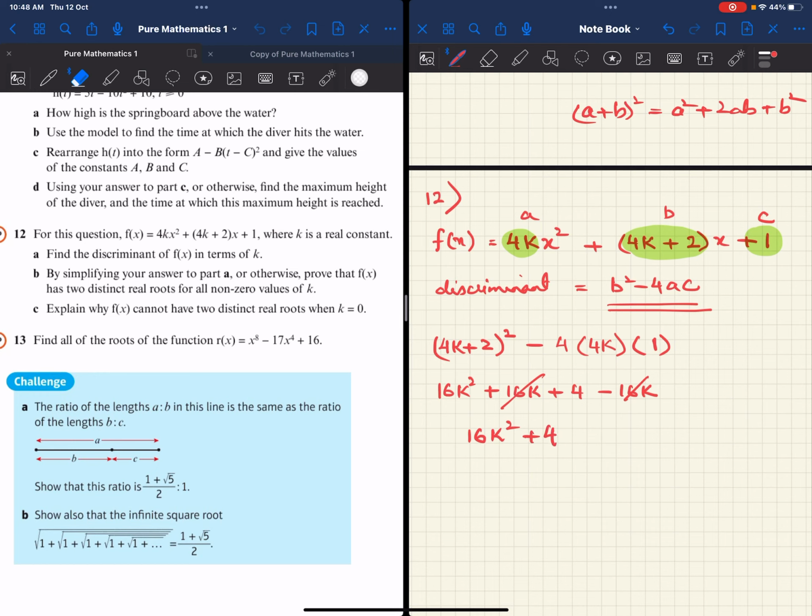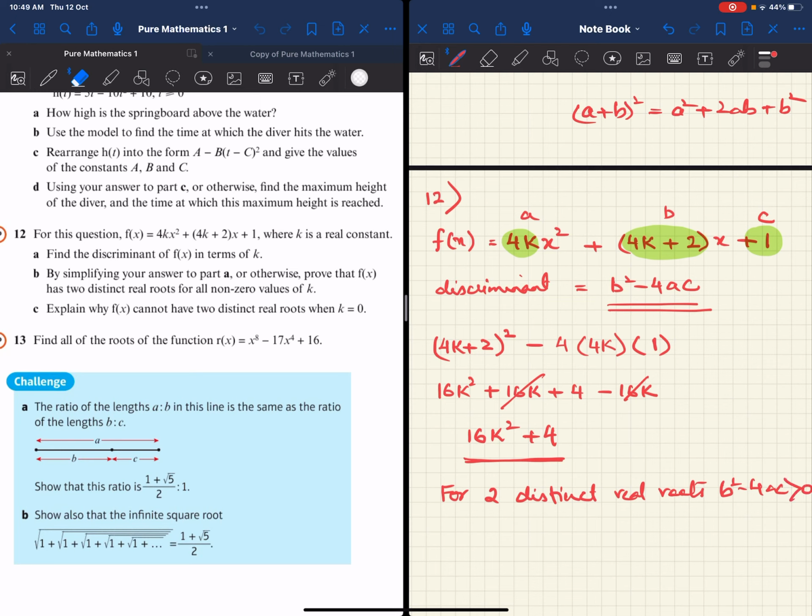Part B says, by simplifying your answer, which we have already simplified here, or otherwise prove that f of x has two distinct real roots. Now for two distinct real roots, our value of b squared minus 4ac must be greater than 0.